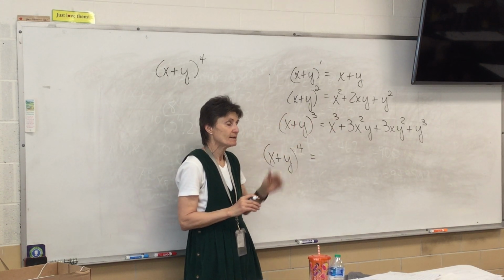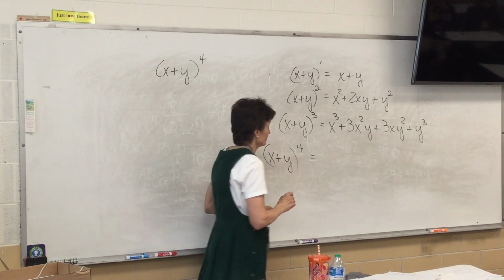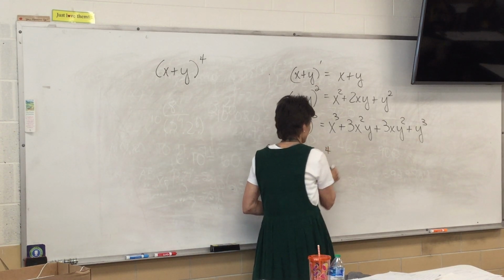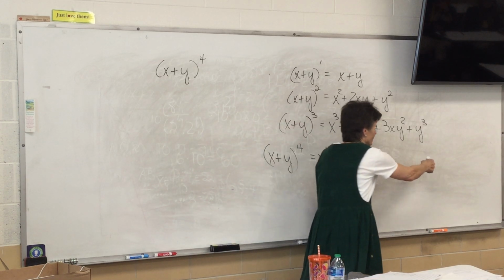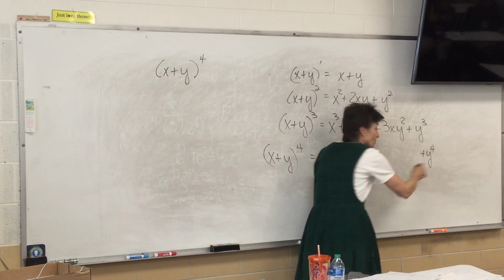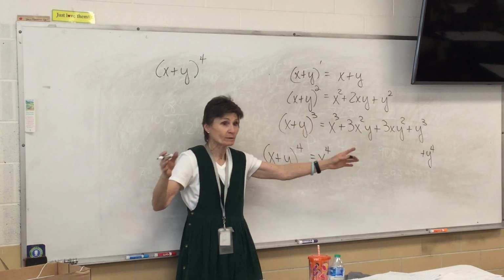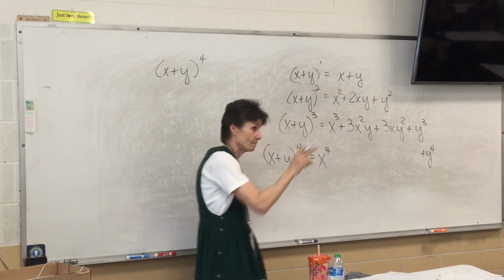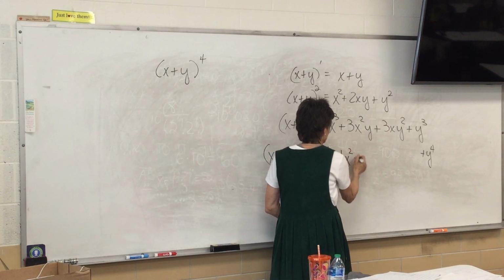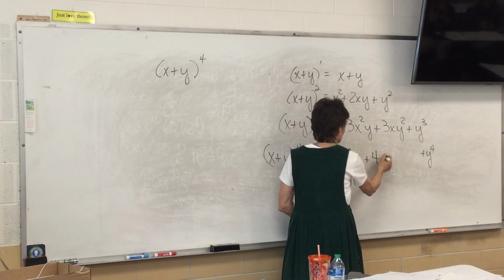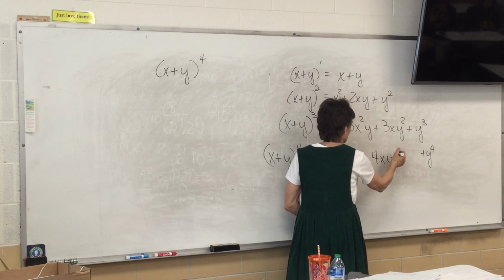Ethan? Would it be x^4 plus 3x? X^4 definitely, yeah. Would everybody agree with that? And what about the other end? y^4, okay, so we're good on that, right? It's going to start with x to the fourth, end with y to the fourth. Plus 4x^2y plus 4xy^3, sorry.